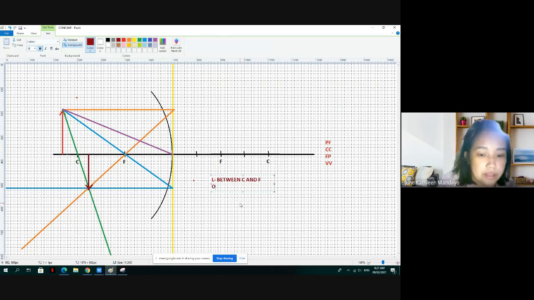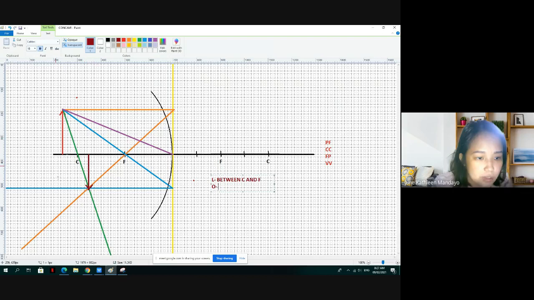And then for the orientation, when you say orientation, it has to be upright or inverted. So from the image formation, ano po yung na-form natin? Sige, speak out, class. Is it upright or inverted? Ito si image, yung nagawa niyong image.